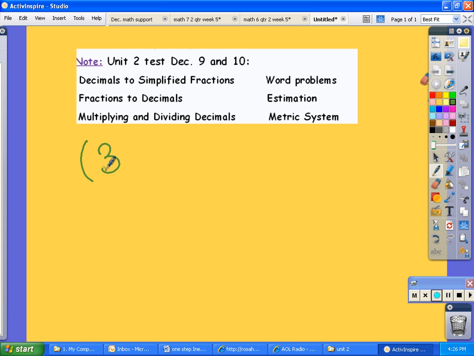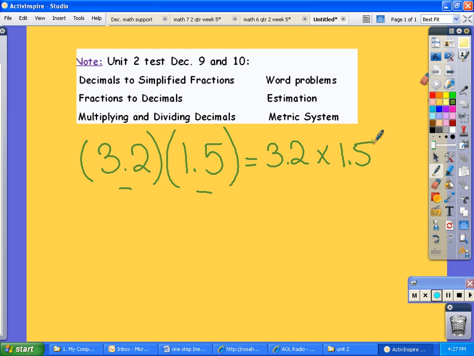If I give them a problem like this, they need to know that when two numbers are sitting next to each other in separate parentheses, that's another way of writing a multiplication problem. 3 and 2/10 times 1 and 5/10. That's something they need to know. They need to know how to simplify fractions and know when a fraction is already simplified.